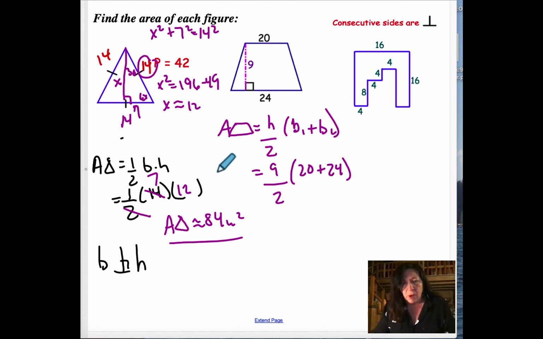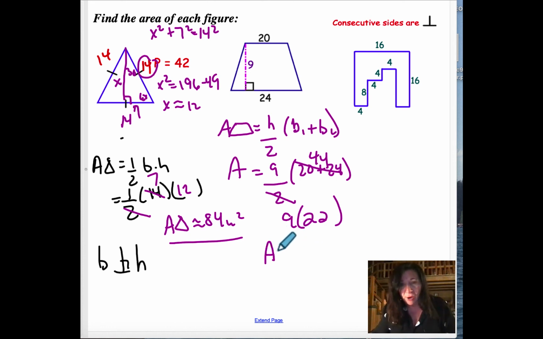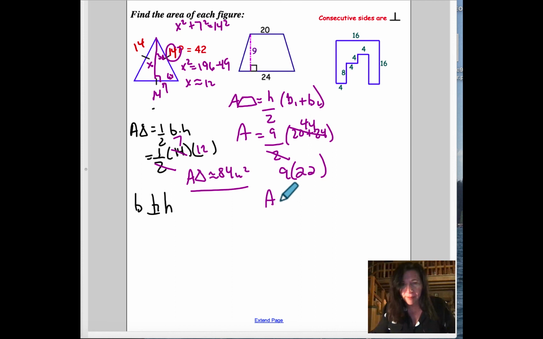So all we have to do is add and multiply. So we got 20 plus 24 is 44. 2 divides into 44 22 times. And now I have 22 times 9. So 22 times 9 is 198. So the area of my trapezoid is equal to 198, and that's units squared.